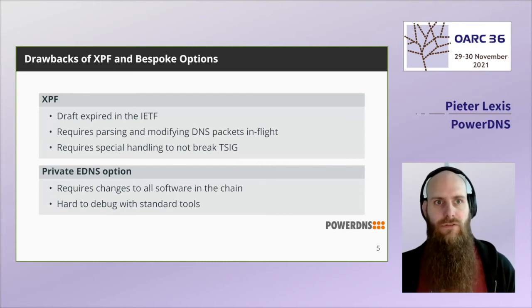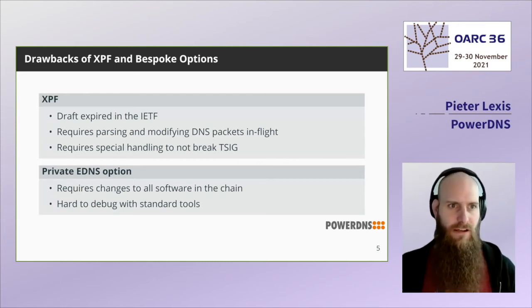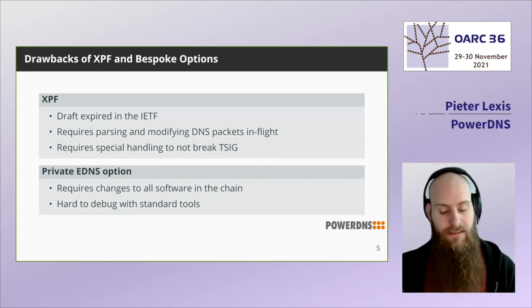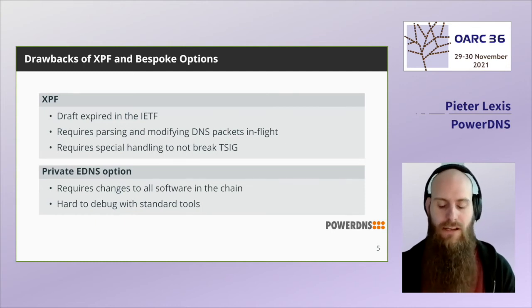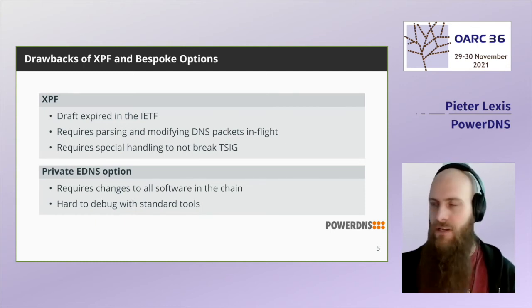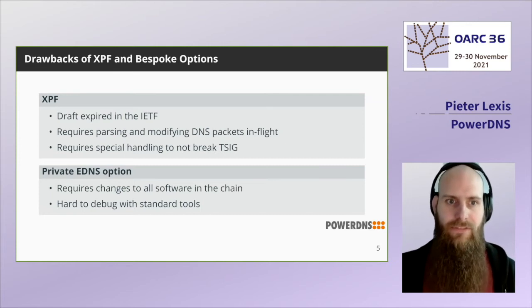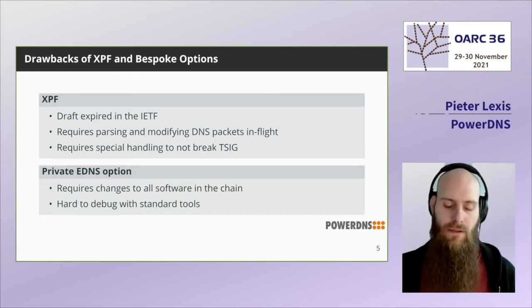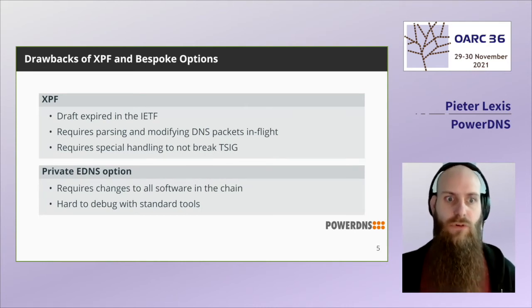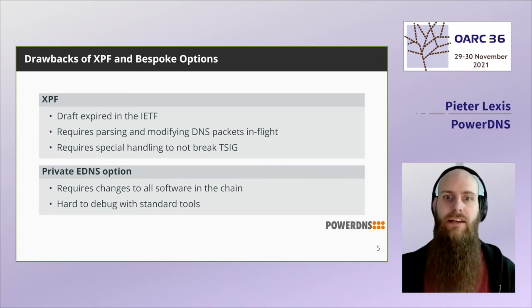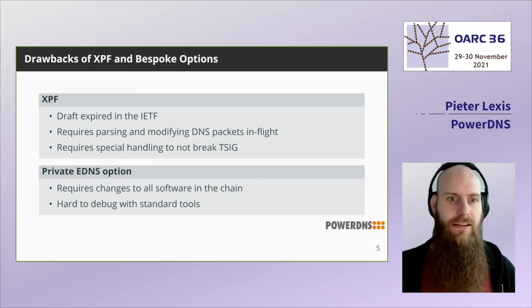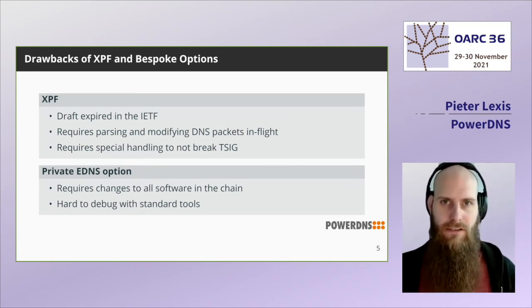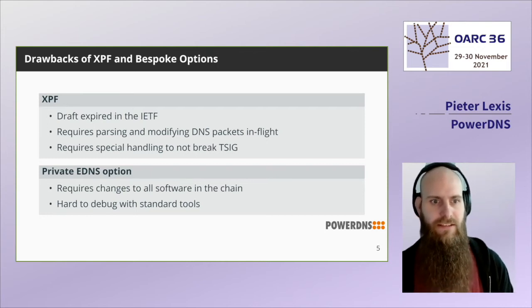Then the drawbacks of XPF and other options. XPF had the information about ports and transport mechanisms. However, the draft expired at the IETF, and there seems to be no real momentum behind it anymore. It also requires parsing and modifying DNS packets in flight, and requires some special handling to not break TSIG.